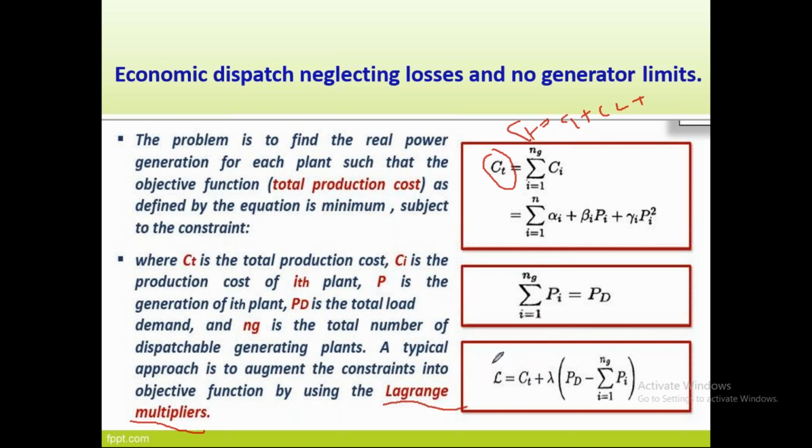This is the equation we got from the Lagrange multipliers. Just note this equation: L is equal to CT plus lambda into PD minus summation of PI from I equals 1 to N. So this is the approach we have to use for finding the scheduling.